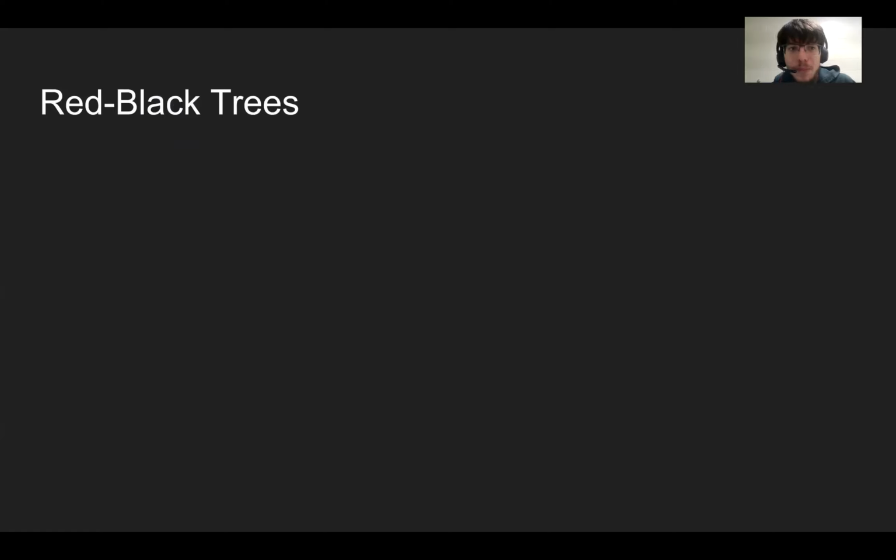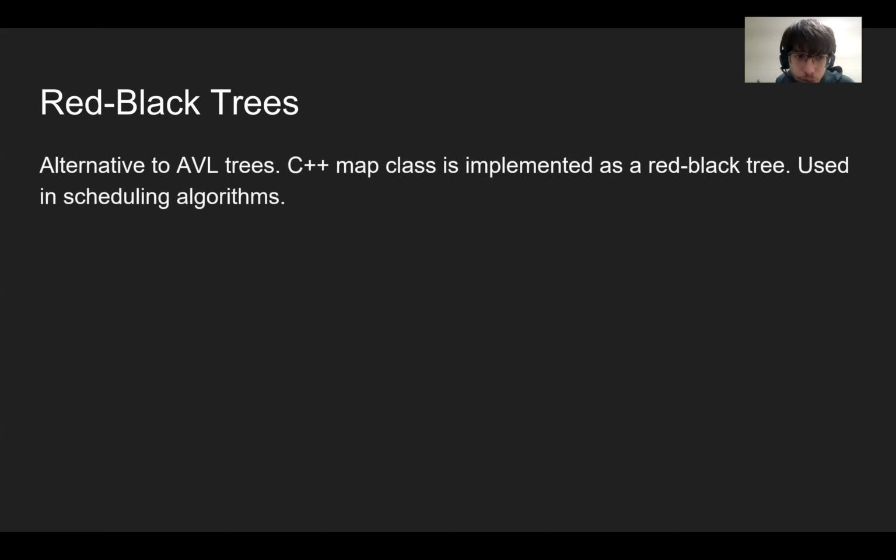Okay. Now, with red black trees, it's important to know kind of what they are, or it's good to know what they are. Obviously, you don't have to know how to write code for it, but it's good to know a little about them. So it's an alternative to AVL trees. Yeah, C++ map actually uses red black trees. They're used in scheduling algorithms. They're actually really, really helpful.